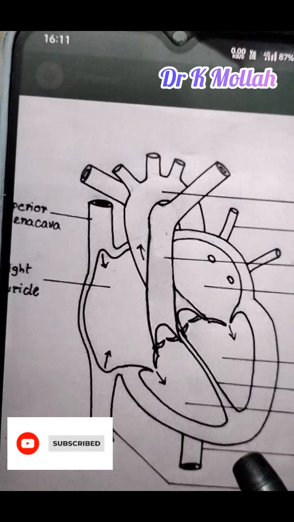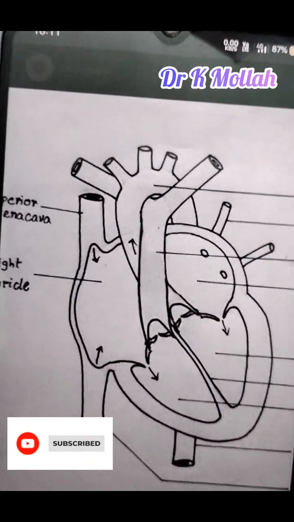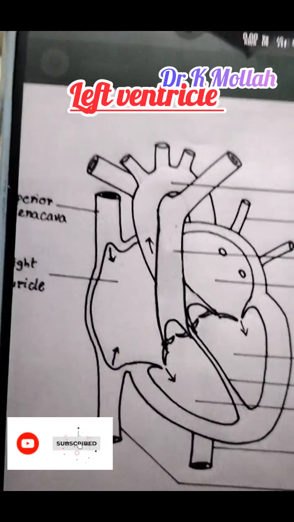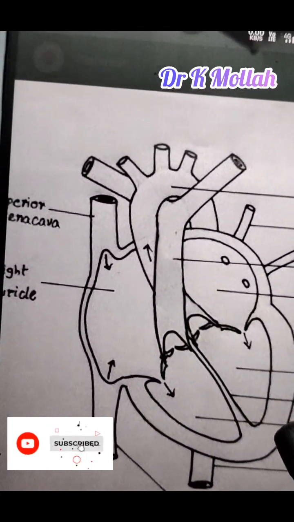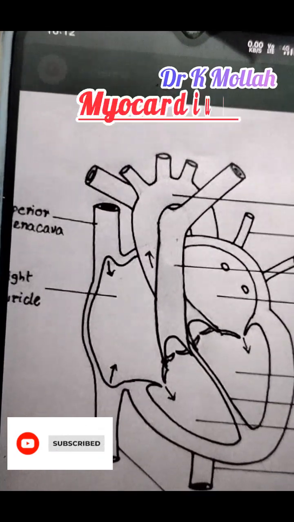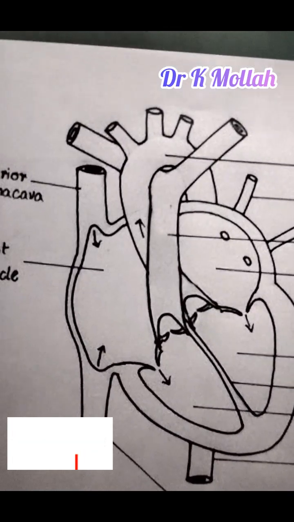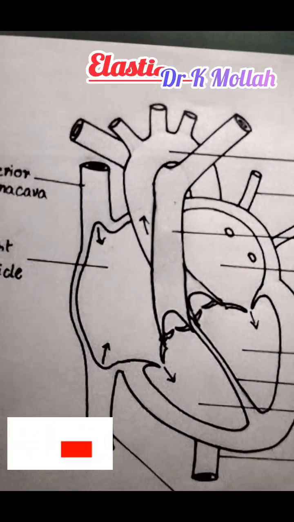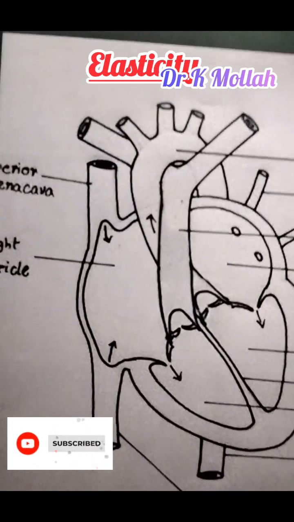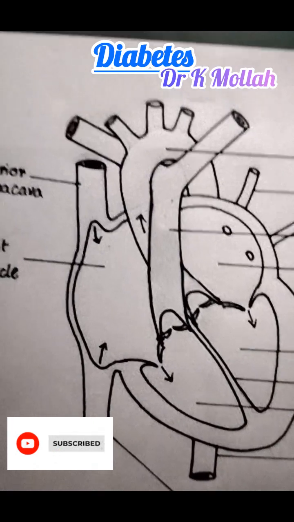Mainly the left ventricle's duty is to pump the blood so that it reaches throughout the body. Due to various reasons, there will be a problem in the left ventricle myocardium. It loses its elasticity or pumping capacity, and age is one of the reasons. Then there are hypertension, diabetes, or myocardial infarction. Many other reasons are there.